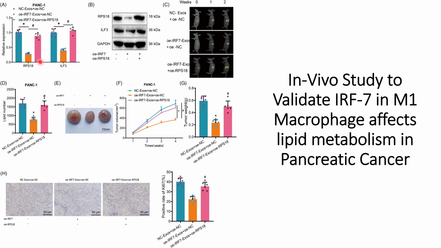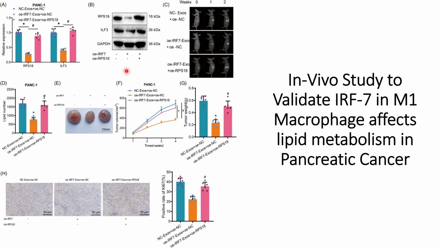In this case, RPS18 is overexpressed through the lentivirus, and this increased RPS18 will help in the upregulation of ILF3. So these results are in line with their in vitro studies.